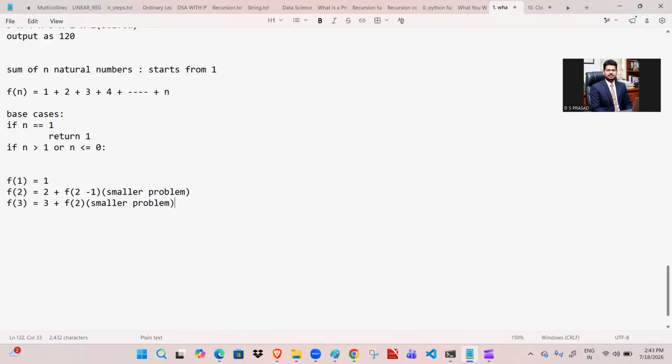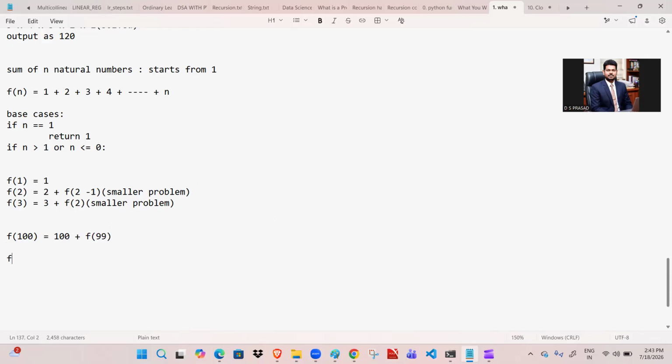For example, for f of 100, the smaller problem is 100 plus f of 99. So every problem depends on a smaller problem.